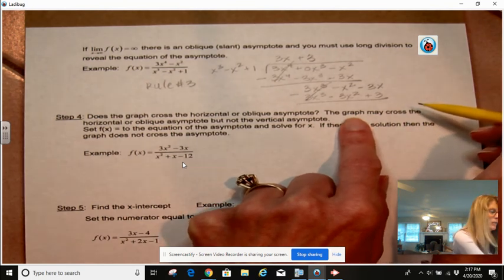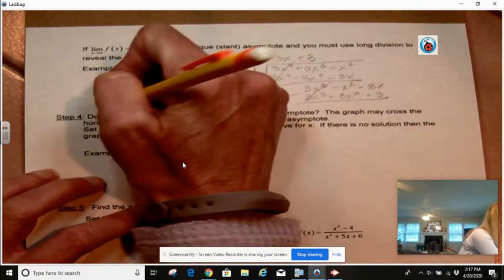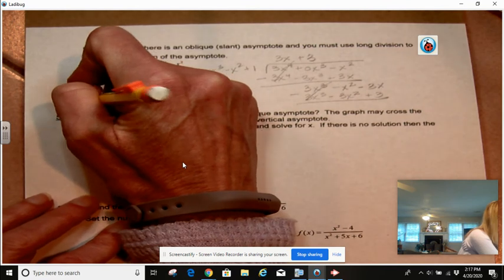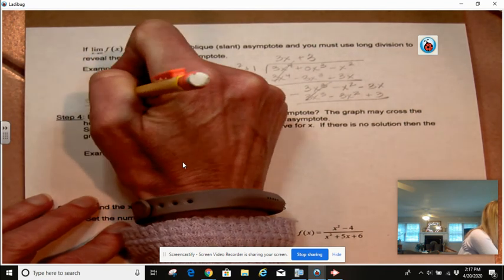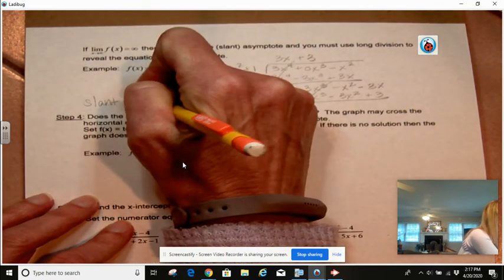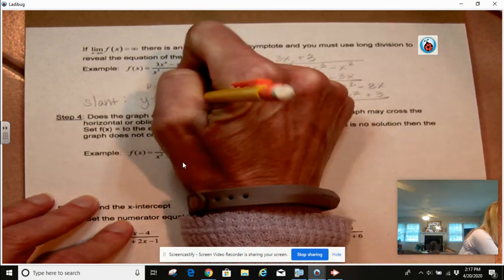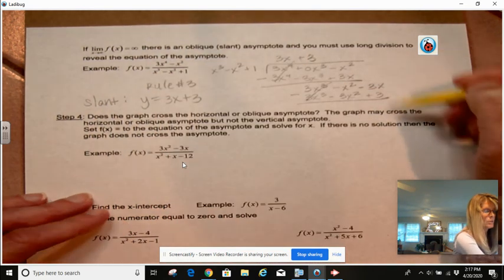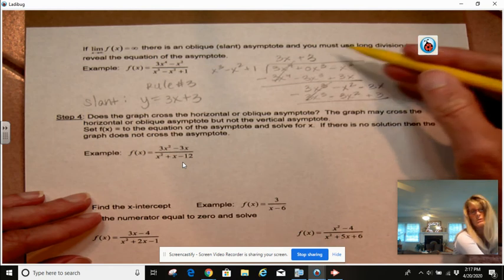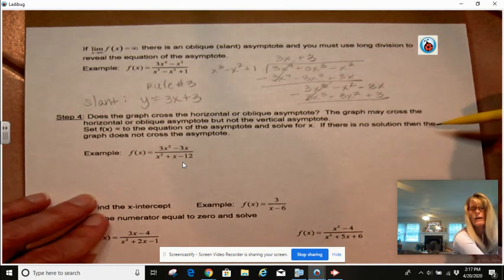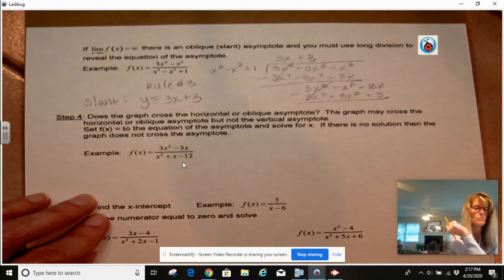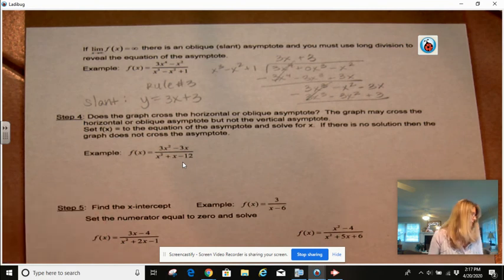So we're done with the long division, and our slant asymptote would be y equals 3x plus 3. So once you're done with things to bring down, then you're done with your long division and you have your slant or oblique asymptote.